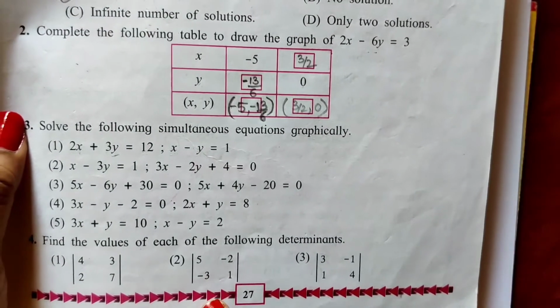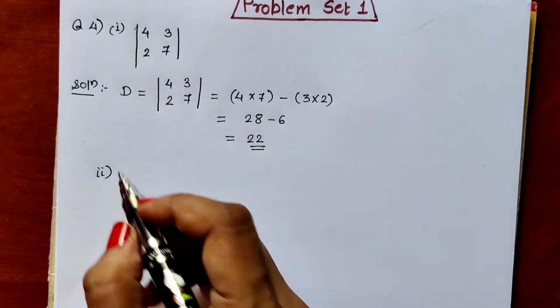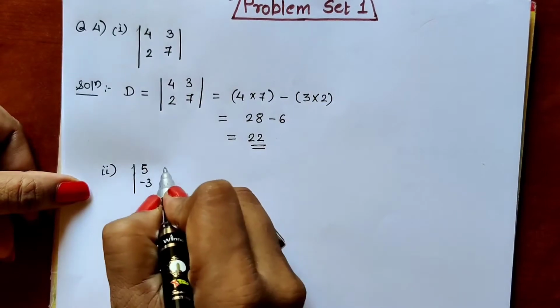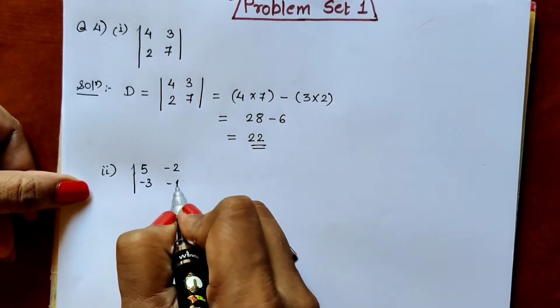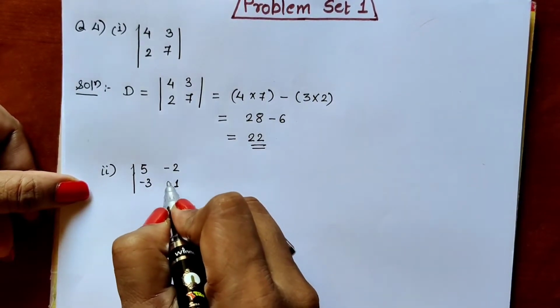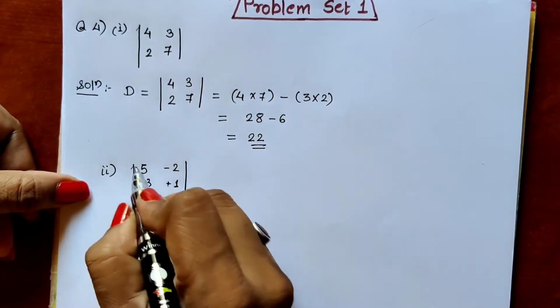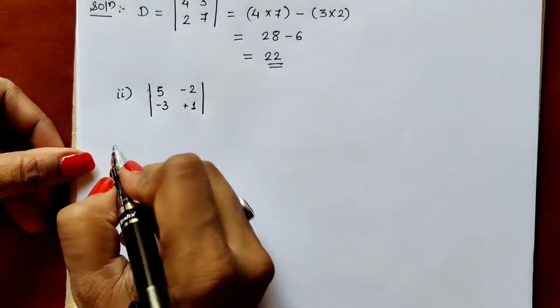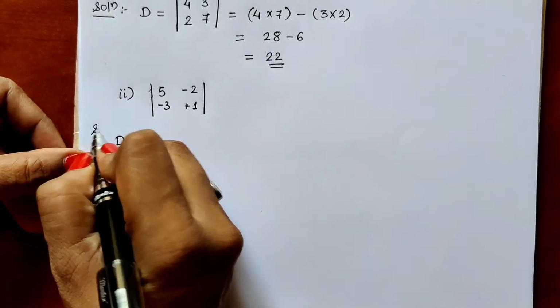Second is 5 minus 3 and minus 2 minus 1. So it is 5 minus 3 minus 2 plus 1. It is not minus 1, plus 1. So let us solve again. We will have to write determinant D is equal to solution.